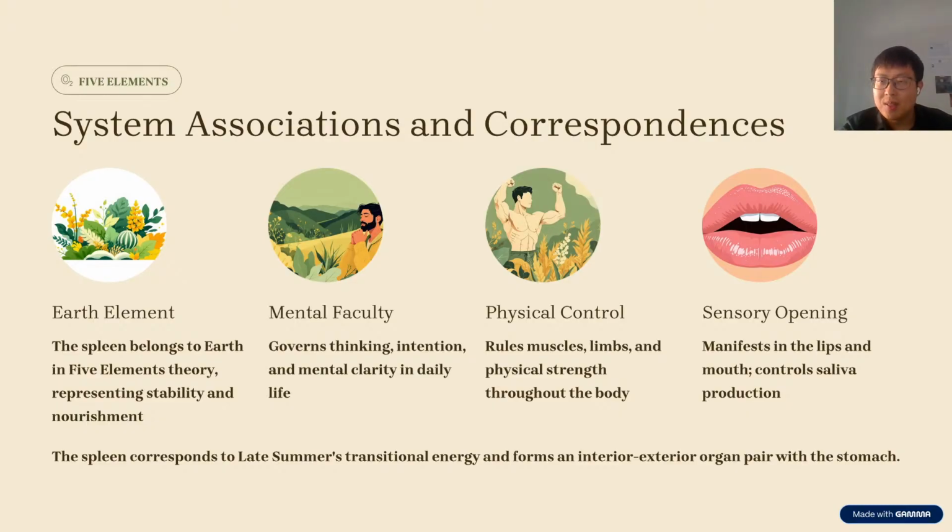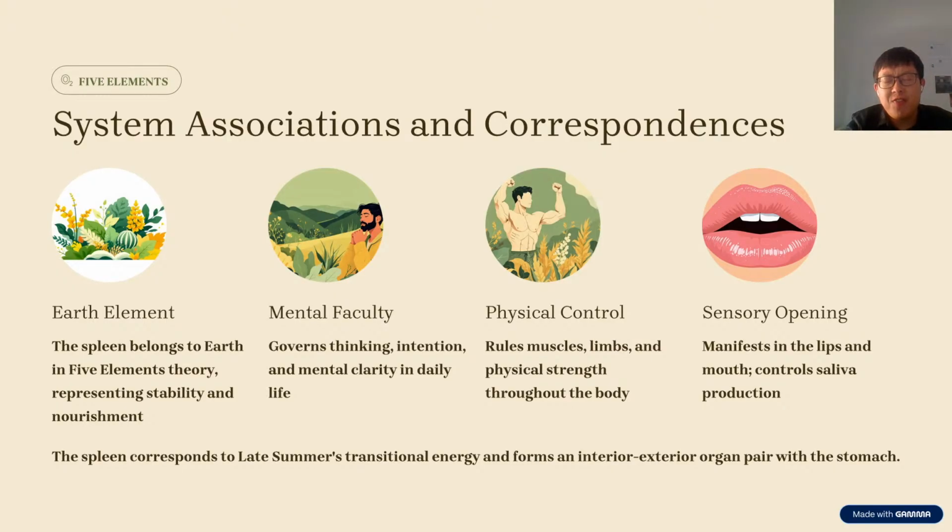In the theory of the five elements, which is a basic theory of Chinese medicine, the spleen belongs to soil, which is the earth, and it represents the deepest yin aspect. So what does that mean?